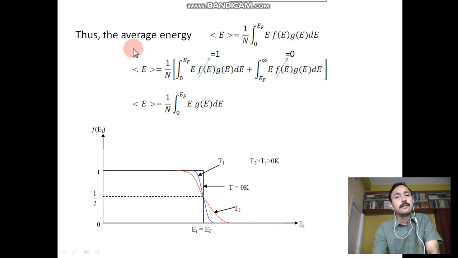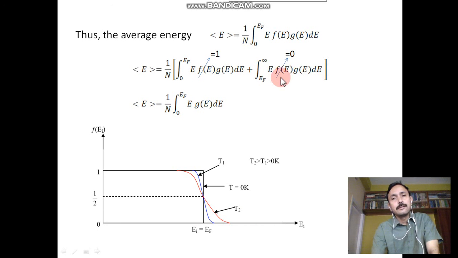So we can write average energy E is equal to 1 by N integration 0 to EF E F(E)g(E)dE plus integration EF to infinity E F(E)g(E)dE.